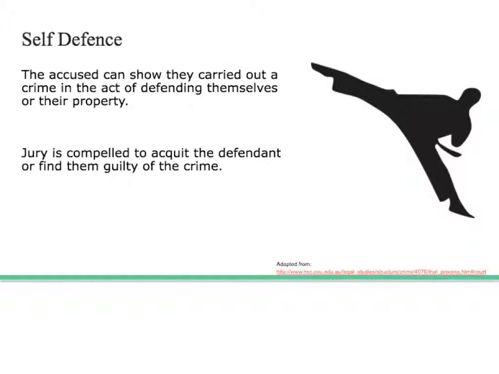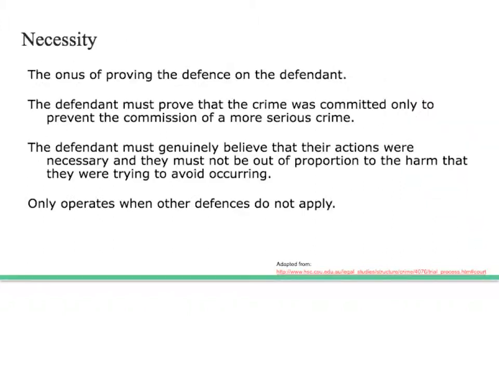The defendant must prove that they believed, which is subjective, upon reasonable grounds, which is objective, that it was necessary in self-defence to do what they did either in defence of themselves, their property, or a third party. Self-defence is now codified in the Crimes Act 1900. If proven, it results in the accused being acquitted because the law has been satisfied that the defendant's actions were justified.